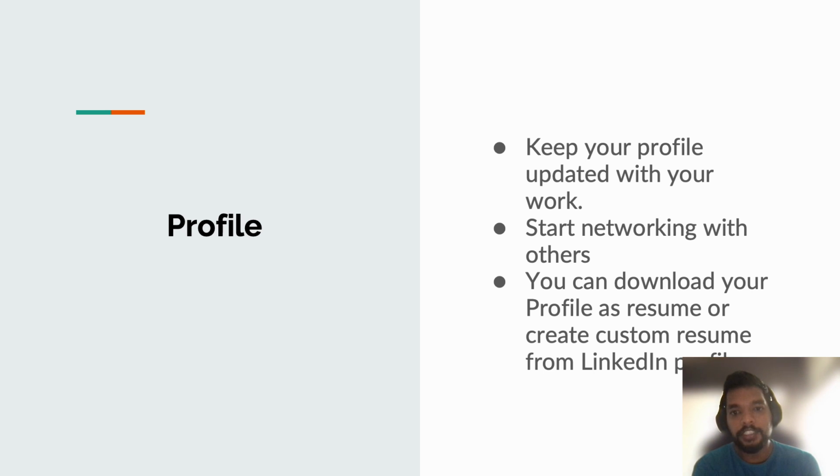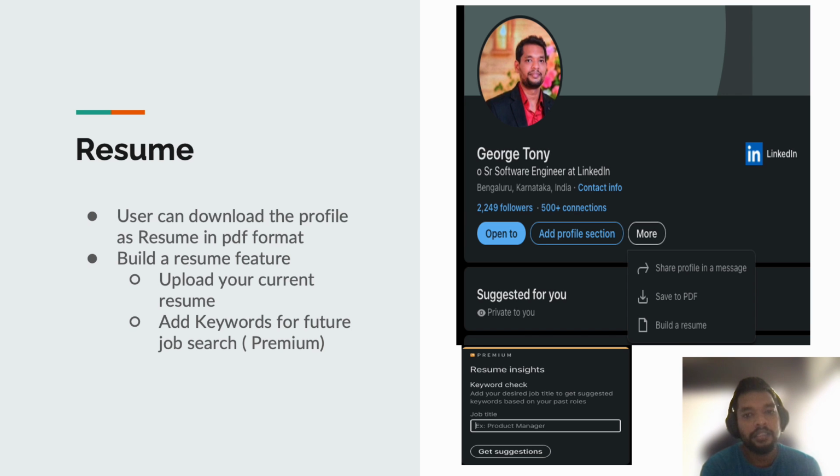There are certain features that you should look into. One is resume building and downloading a resume from your profile itself. In this slide, I'm showing the resume I have downloaded from LinkedIn.